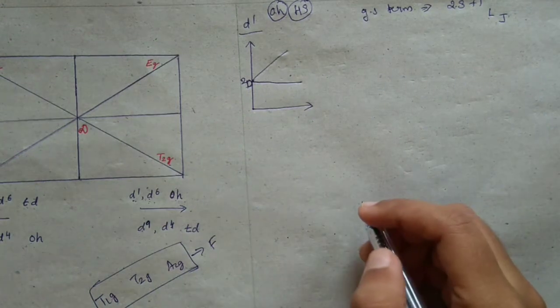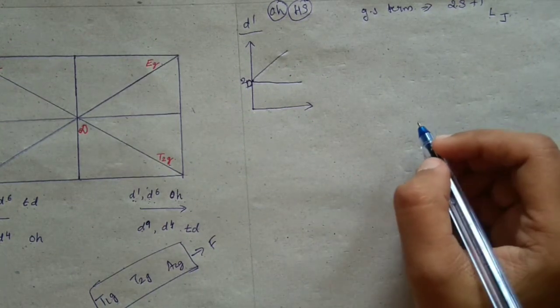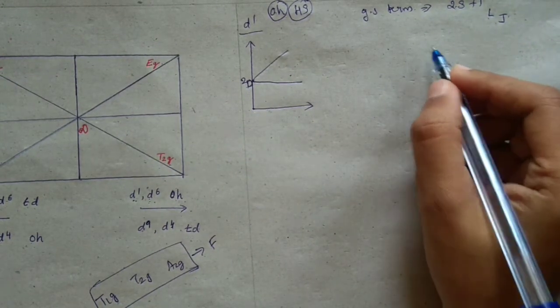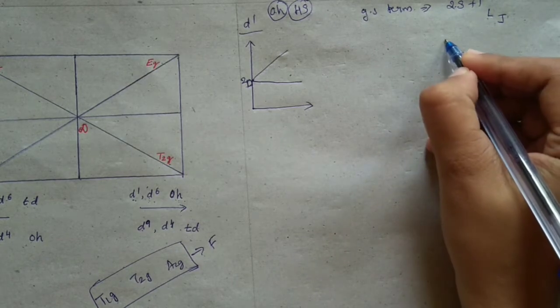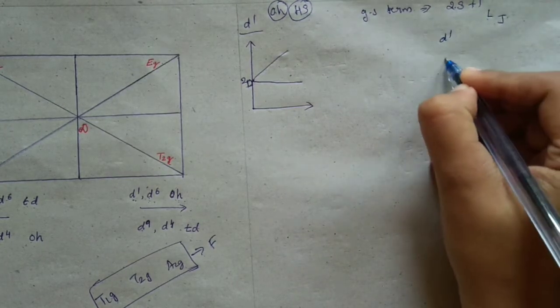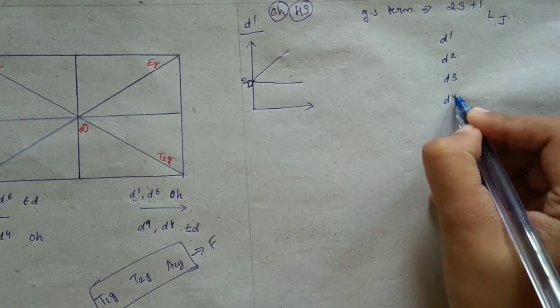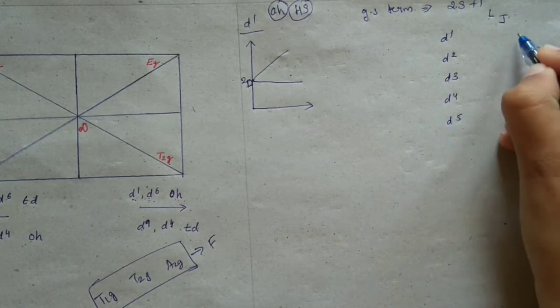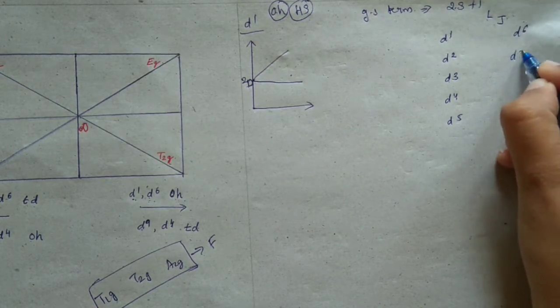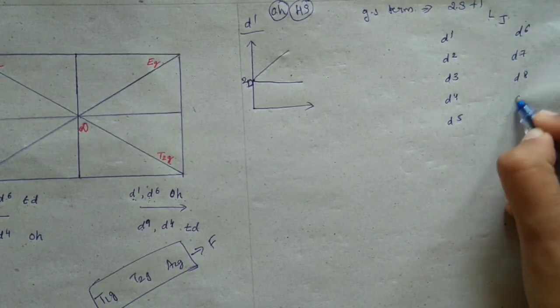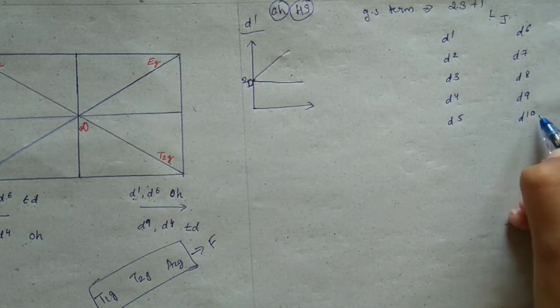The simple way to find the ground state term symbol from d1 to d10 is: first you write d1, d2, d3, d4, d5, then d6, d7, d8, d9, d10.